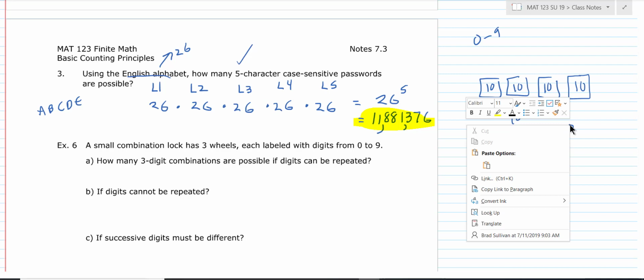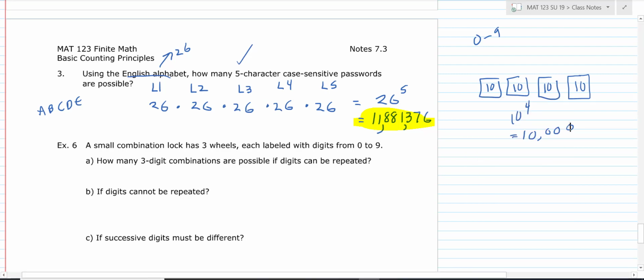So there's 10,000 ways that I could have created my password. But I like the 11 million a lot better than the 10,000. But still, there's only a 1 out of 10,000 chance that somebody's going to pick the right combination that I chose. So it's possible somebody could break the lock if they just tried all those things.